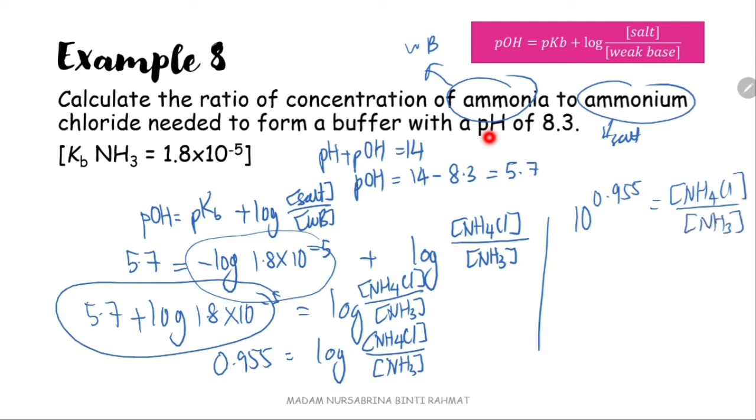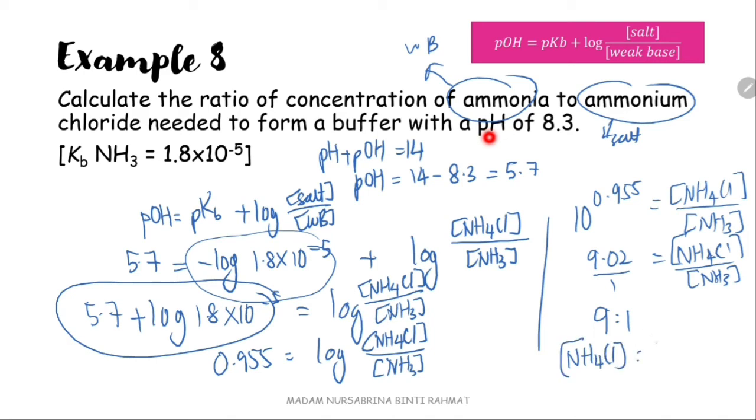Then if you press your calculator, you will get the value to be 9.02, which is around 9, equals NH4Cl over NH3 concentration. Okay, so it's actually over 1. So the ratio is about 9 to 1. 9 is for my NH4Cl, and 1 is for my NH3. Okay, that's how you calculate the ratio.